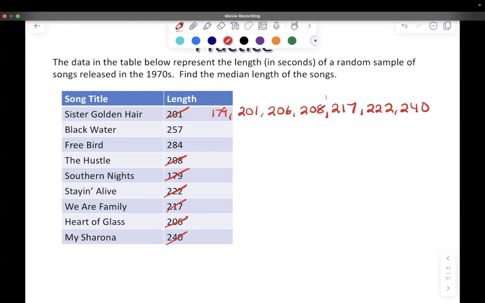I'm running out of room, so I'm going to go down below. And there's 1, 2, 3, 4, 5, 6, 7, 8, 9. There are 9 there. So go ahead and find your median.